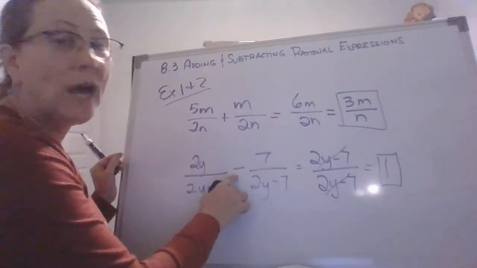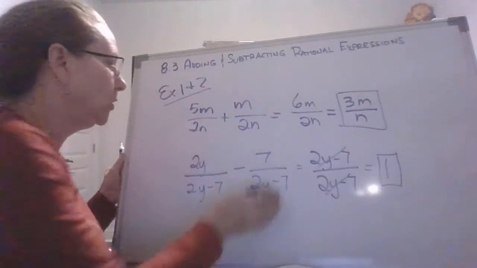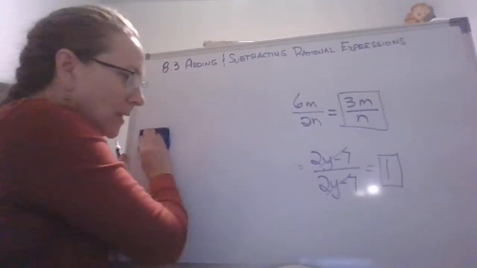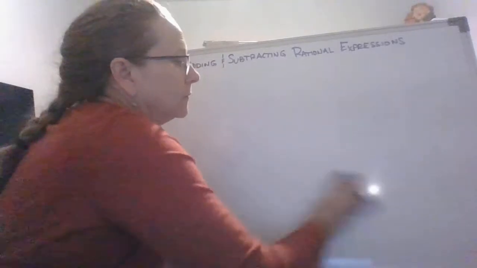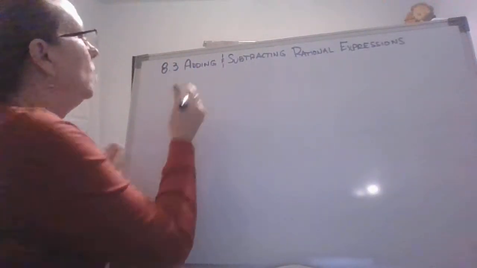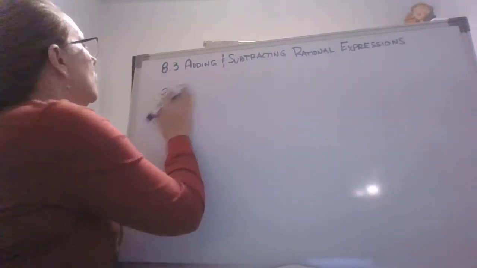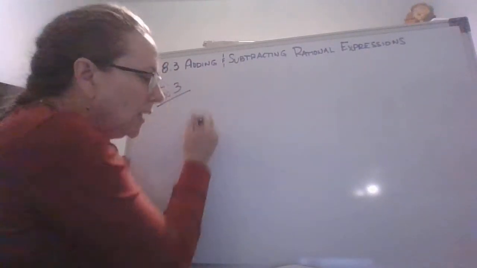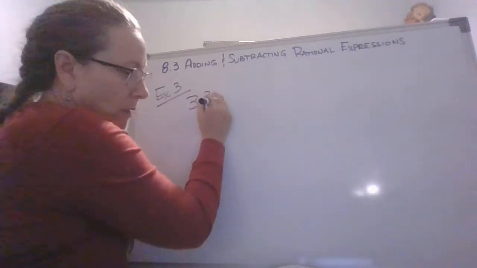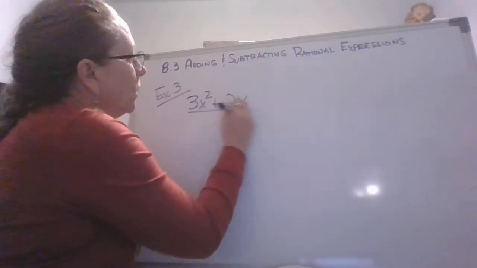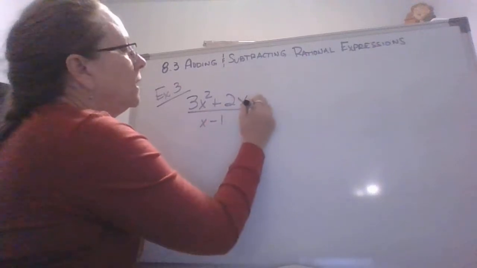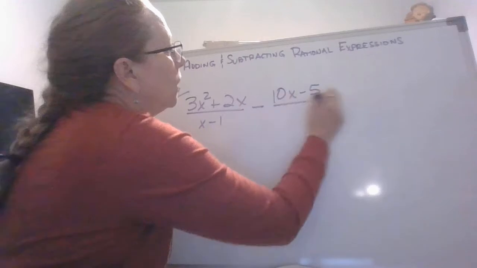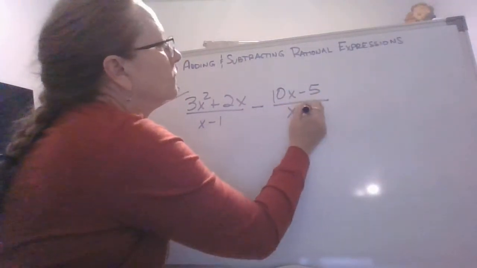Now, subtraction can get a little trickier, even with common denominators. So let's take a look at example 3. We have, in example 3, 3x squared plus 2x over x minus 1 minus 10x minus 5 over x minus 1.